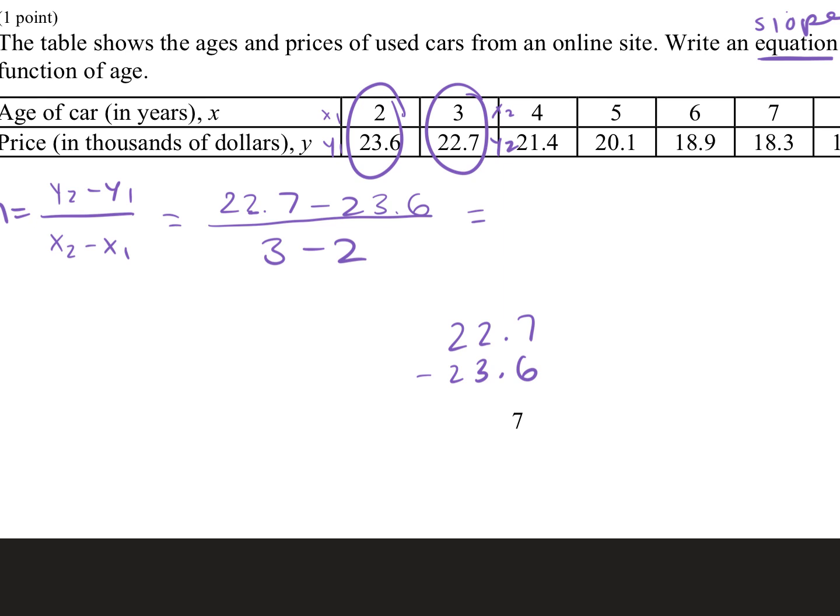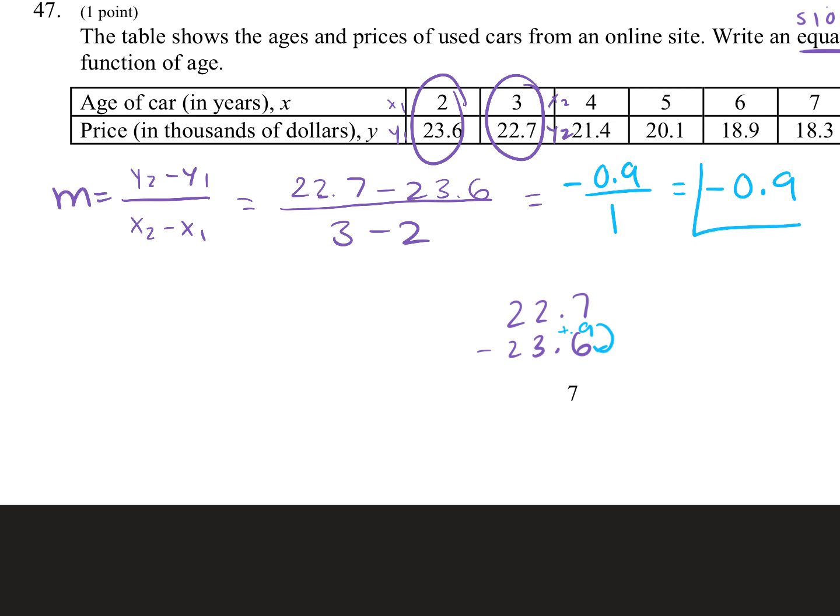So one way you could always double check your work is to add, like if I added 0.9 to this, that would give me 23.6. So it would be negative 0.9 over what's 3 minus 2? 1. So my slope would be negative 0.9.